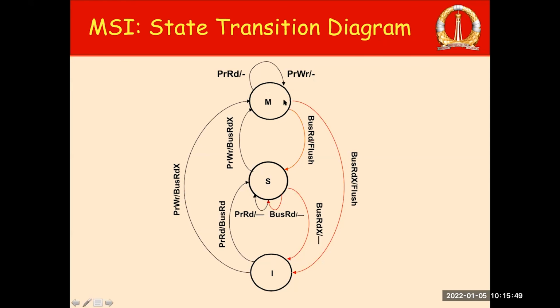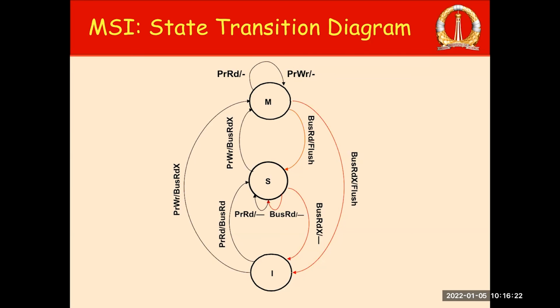The value of U equal to 7 is also written into the memory because now the data is in the shared form. So here flush means that the modified copy, which was exclusively residing in this processor's private cache, is now being written into the memory. Whether it goes from the M state to S state or M state to I state depends on whether the other processor's request is just for a read or for a write.